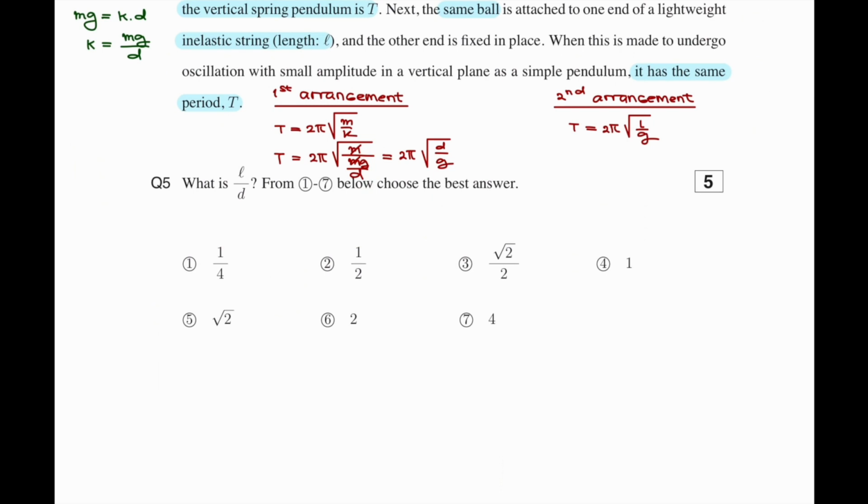And then last but not least, since the period is the same, we can compare these two equations. So 2 pi square root of d over g must equal 2 pi square root of L over g.